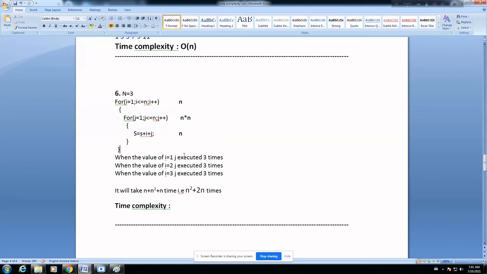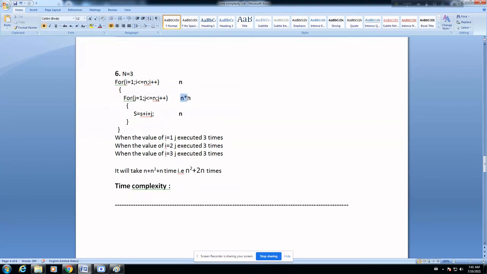So if I add all these, n plus n square plus n, it will take n square plus 2n time. So what is the time complexity of this? What is the degree of polynomial? That is n square.